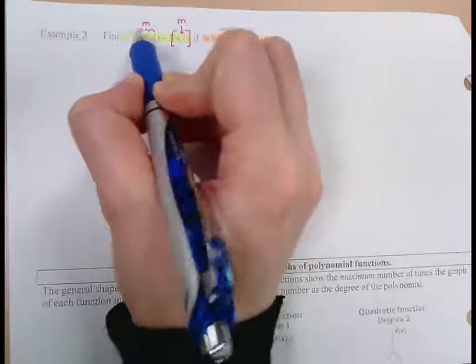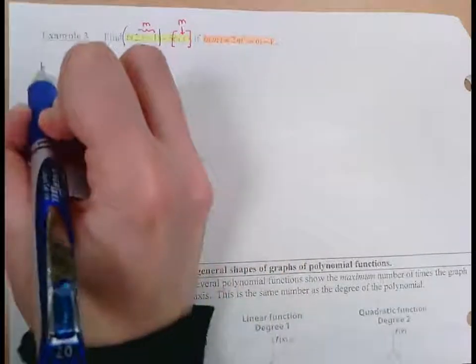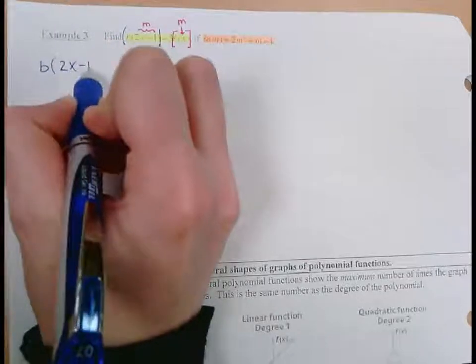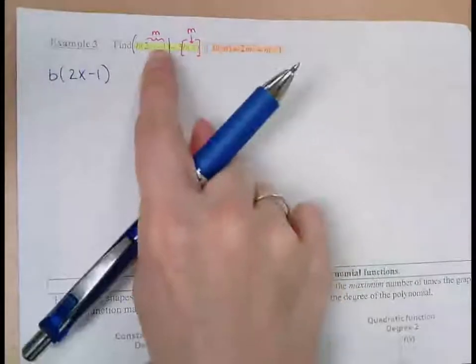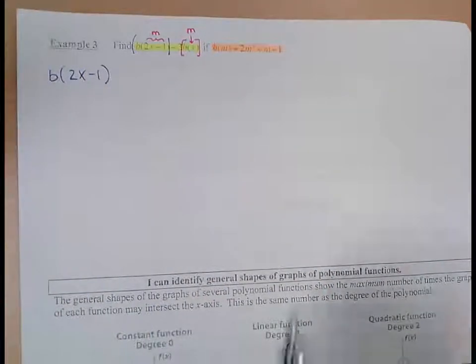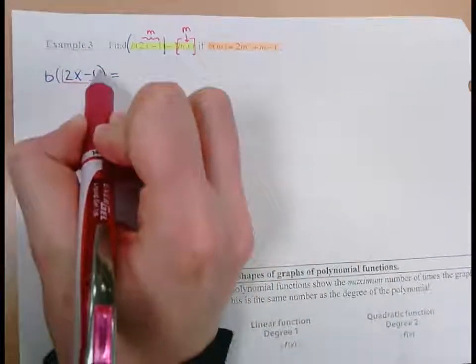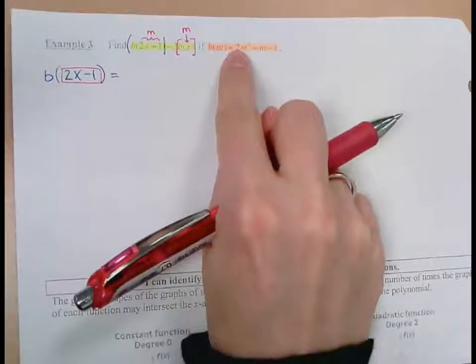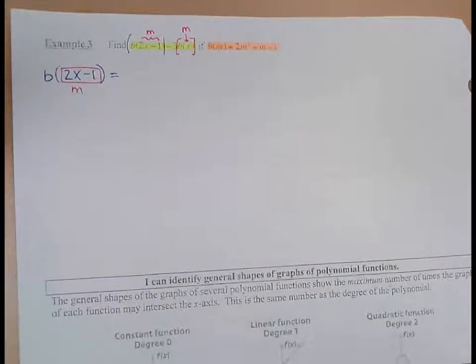So I'm first going to find the b of 2x minus 1. Rather than focusing on the whole thing, I'm just going to find the first part, the b of 2x minus 1. And as I already said, this means the 2x minus 1 is getting substituted into the function b in place of the m, in place of all of the m's that you see.